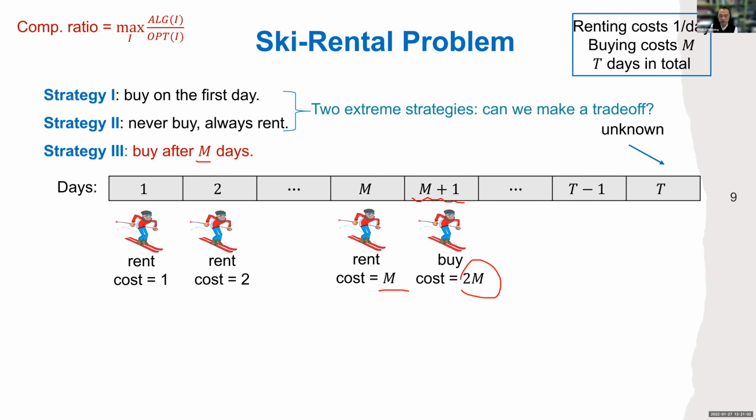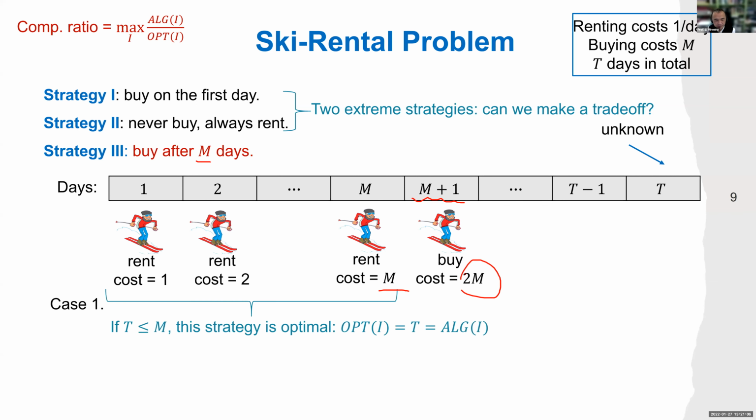So is it good? Actually it's very good. Let's see. If your season is at most M days, then this strategy is optimal, because in the optimal solution, you also rent every day. You will never buy, because buy has a cost M, which is larger than your current cost.